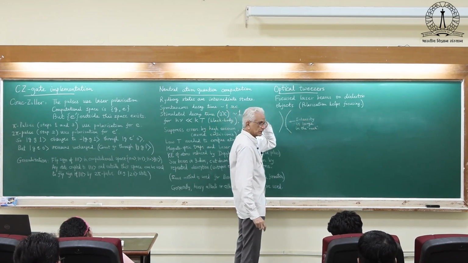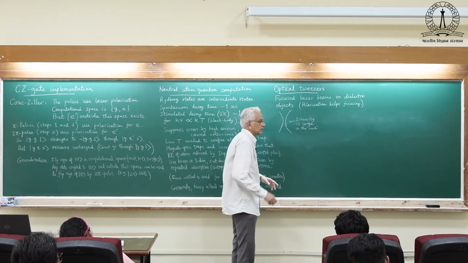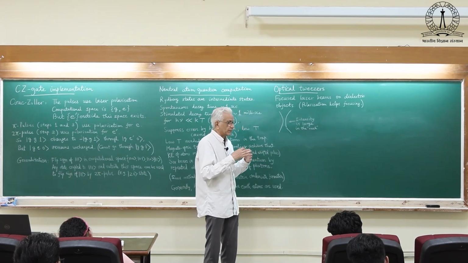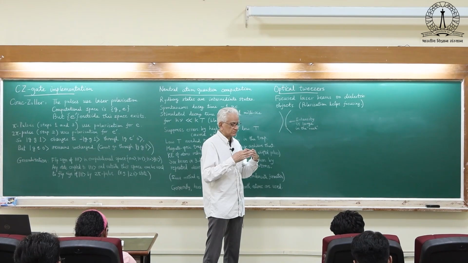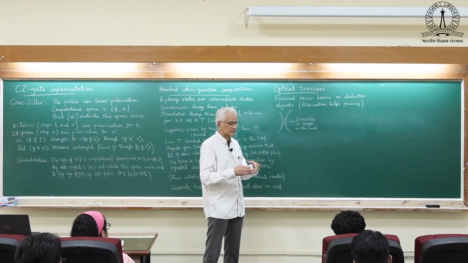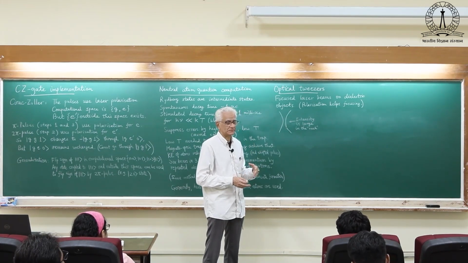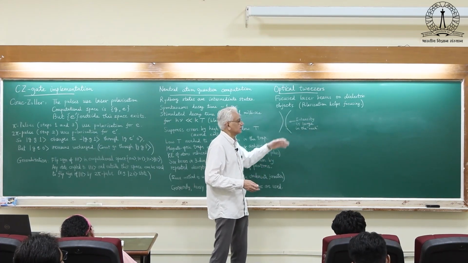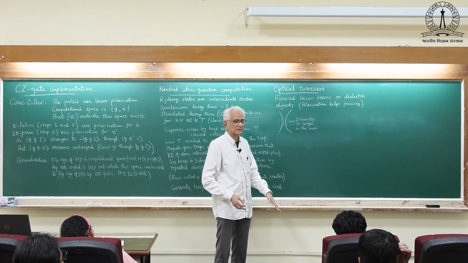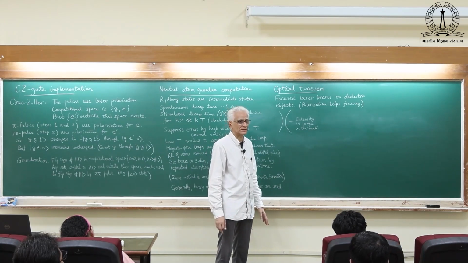Now, what does the polarization do? The energy of a polarized object is the dot product of the polarization with the external field. Okay. And it's minimized in the lowest energy configuration.